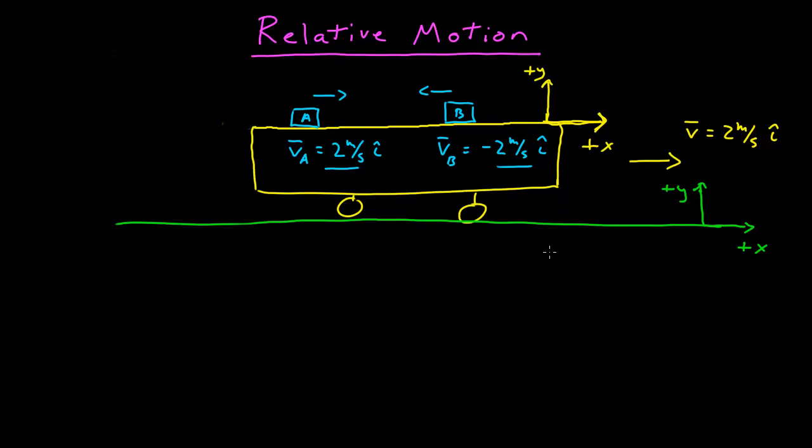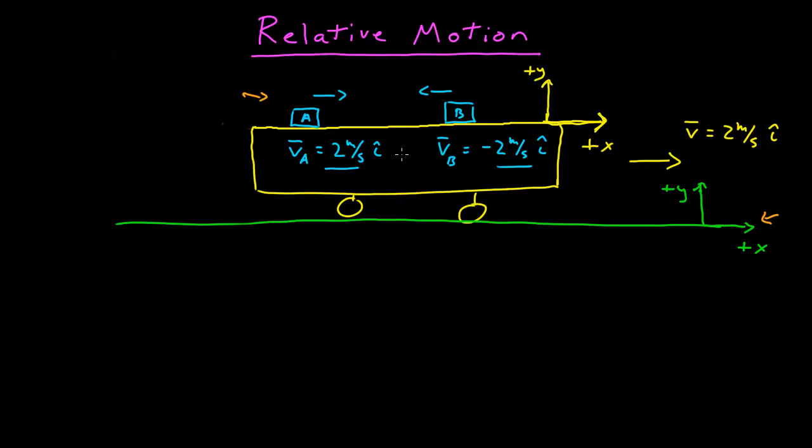So we establish coordinate systems on each, and we describe the motion of the coordinate systems relative to each other. And now we want to ask the question: how are the masses moving relative to the ground when we know how they're moving relative to the railroad car?